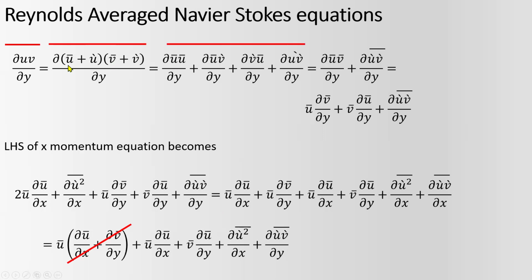Multiplying them, I end up with u dash, u bar, and u bar.